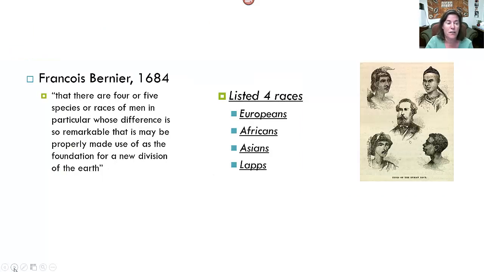For example, Francois Bernier in 1684 noted that there are 4 or 5 species or races of men in particular whose difference is so remarkable that it may be properly used as the foundation for a new division of the earth. So there are 4 different races that he listed: the Europeans, the Africans, the Asians, and the Lapps.